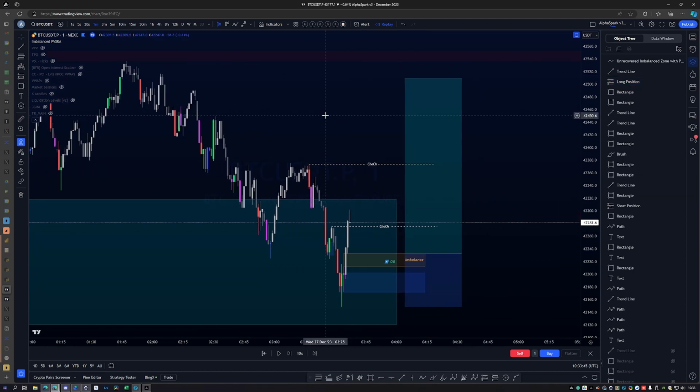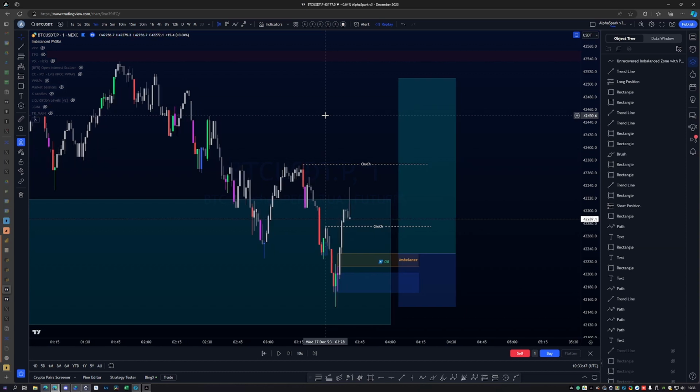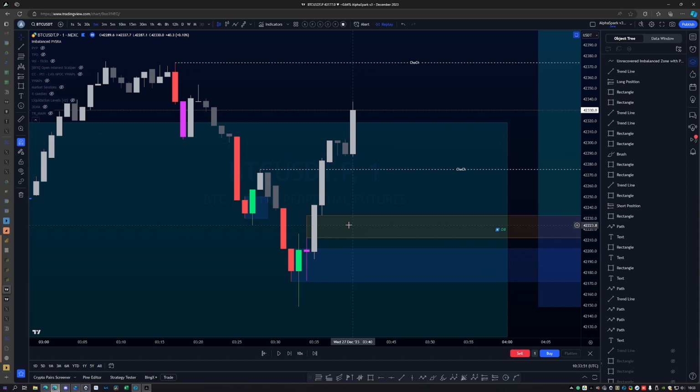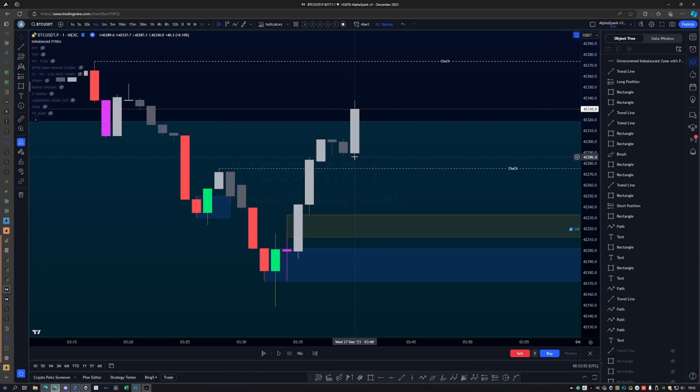This is an idea. Let's see if we get that order block logic anywhere else. For example, this low, if you look at these numbers here, when something is really hard to read visually, you can look at these numbers. So if I put my cursor on this candle, you can see that the low is 42287.1.